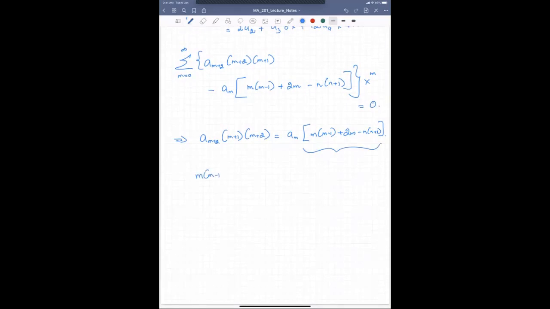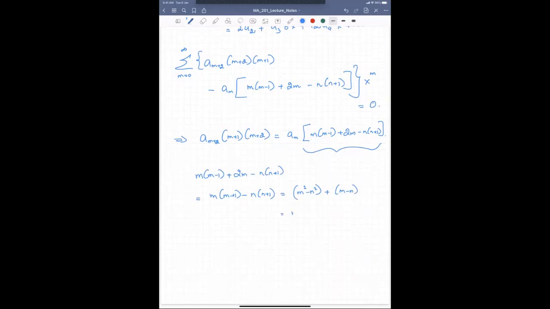We can leave it as such, but it is usually presented in a slightly different form in a standard way. Okay, so this is basically, there is a minus m and a plus m. So this becomes m squared minus n squared plus m minus n, right?